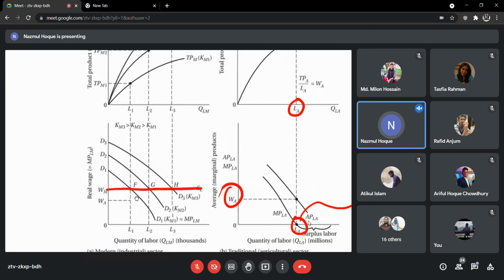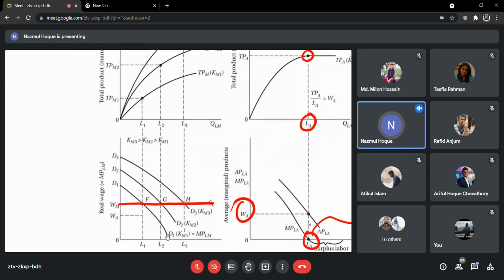So this first downward sloping line that you see is the marginal product of labor, which is also the demand for labor. I don't know if you have done 301 or not. The marginal product curve basically represents the demand for labor or demand for capital.